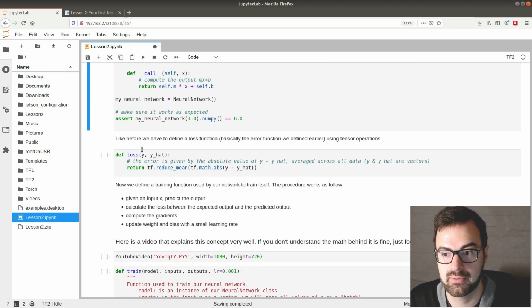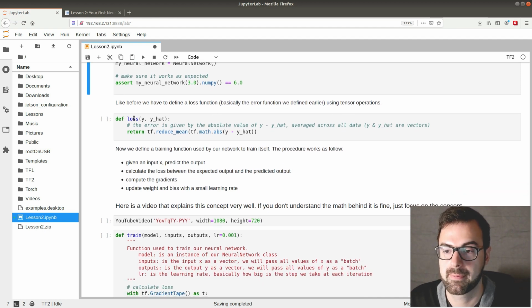Now, like before, we have to define a loss function. What is a loss function? It's basically the error function, like we did before. This time we will use tensor operations again. We need to stick with the tensor interface. So we will define a function, which we will call loss, that takes as input y and y hat.